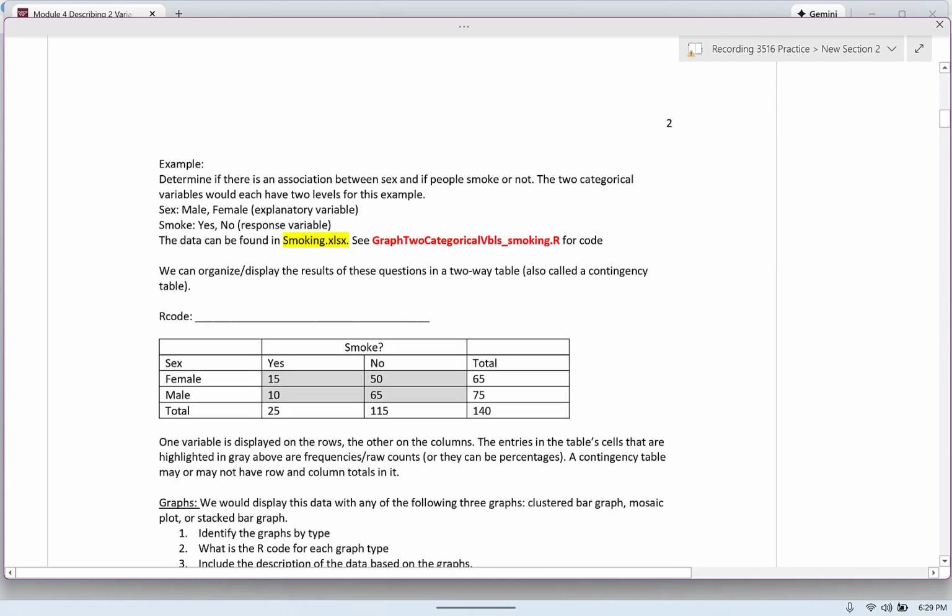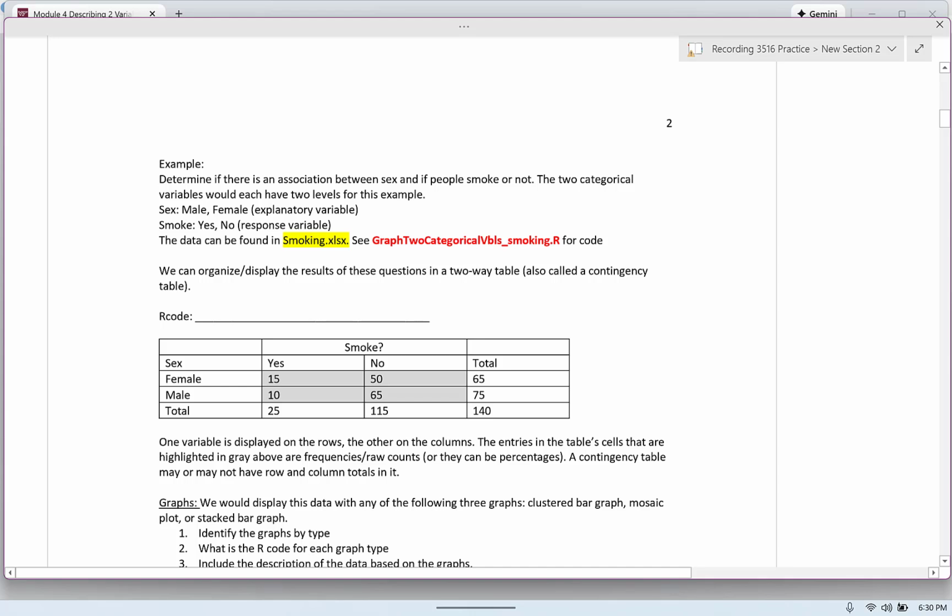All right, so let's do our first example. Determine if there's an association between sex and if people smoke or not. The two categorical variables would each have two levels for this example. We have males and females, and people smoke or they do not smoke. Our explanatory variable here is their biological sex, and the response variable is whether they smoke or not.